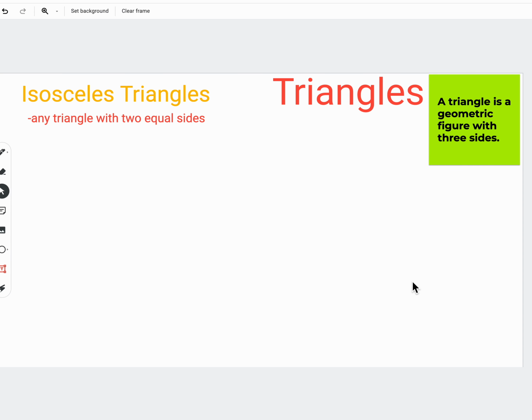In other words, the sides opposite the equal angles are also equal.